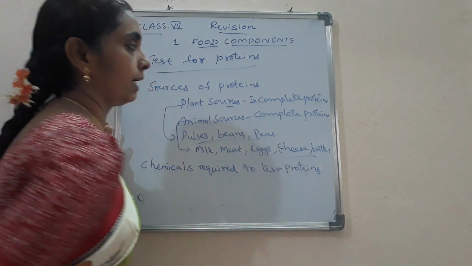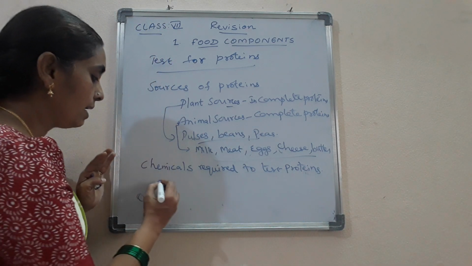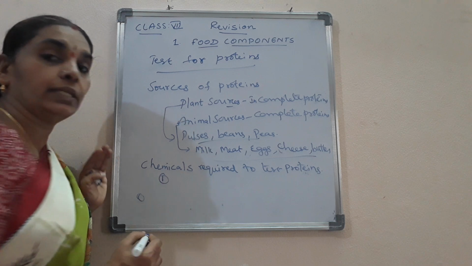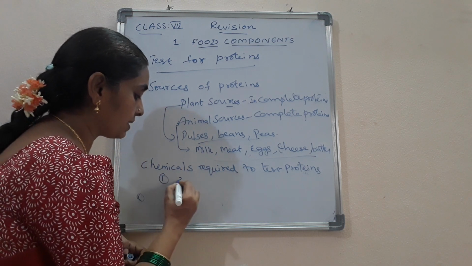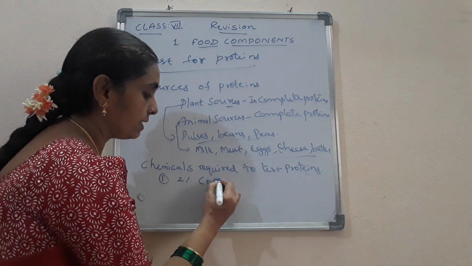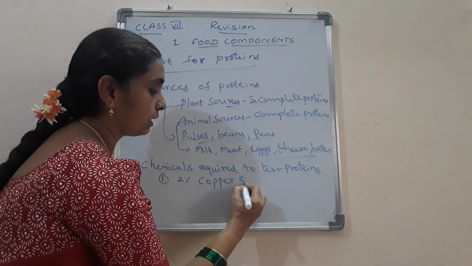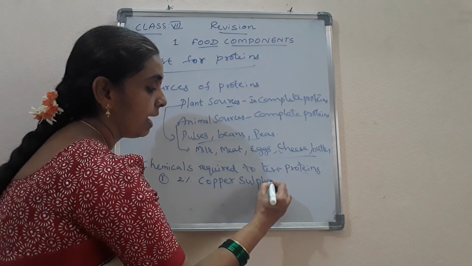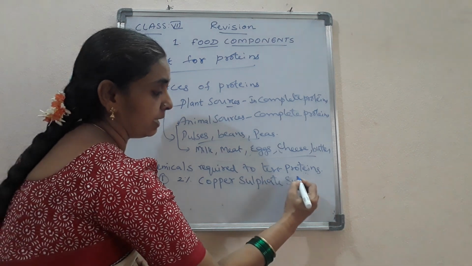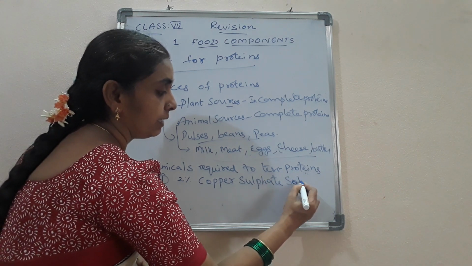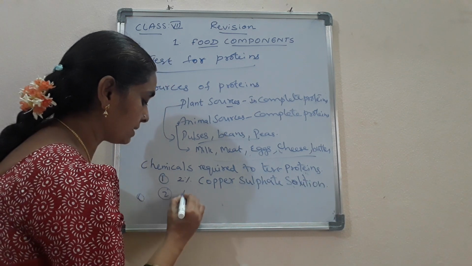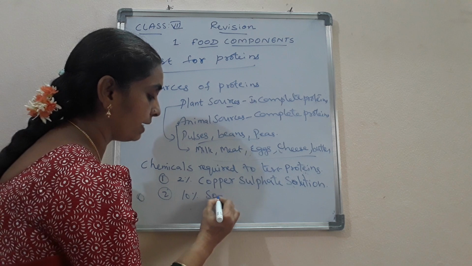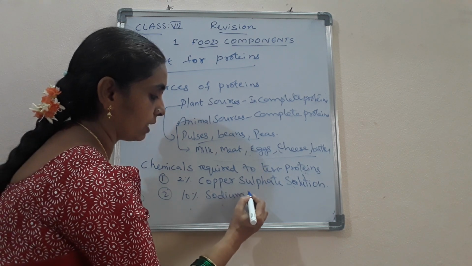The chemicals required to test proteins are, first one, the 2% copper sulfate solution. Now we'll see what we mean by 2% copper sulfate solution. And the next chemical is 10% sodium hydroxide solution.